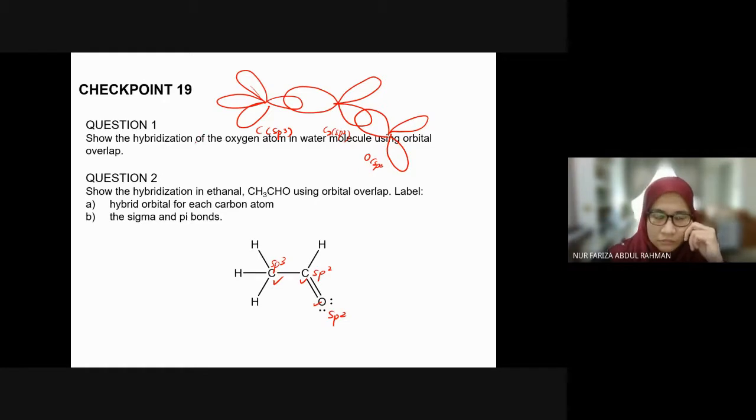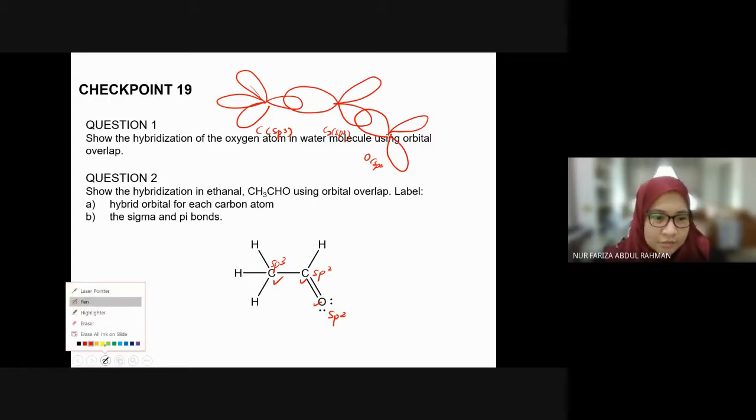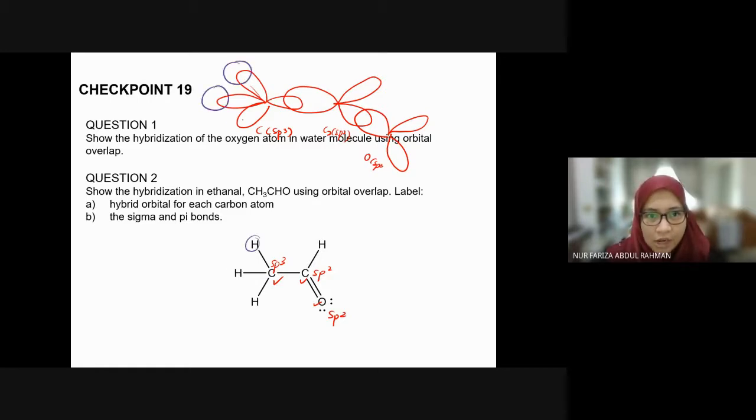Next, okay, kita go for terminal atoms. Okay, hydrogen. So this is hydrogen kan? So we have 3 of them. Hydrogen, hydrogen, hydrogen. Settle, settle, settle. And then we have 1 hydrogen on the second carbon. Yes, we do have that. Okay, now label.